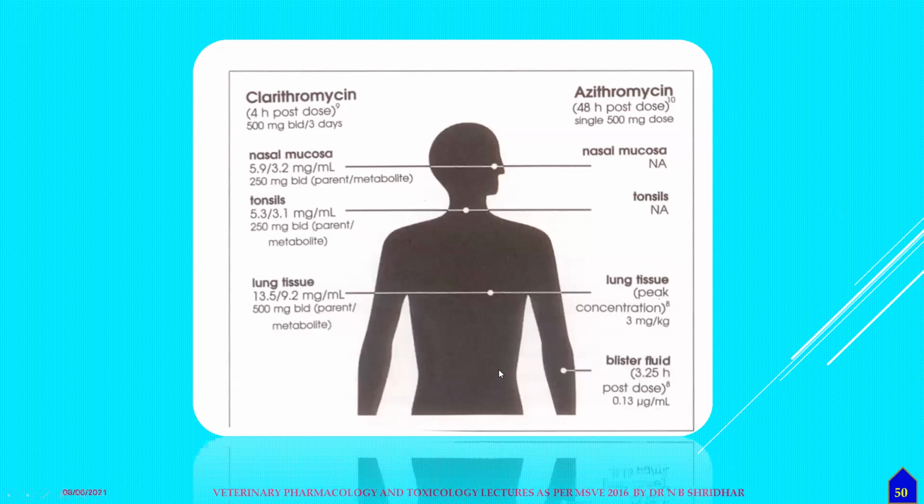Okay, a small trick to remember: the erythromycin concentration will be above the stomach only, where the lungs, tonsil, and nasal mucosa are. Of course, it is not going to pass the blood-brain barrier, and hence is not effective there.